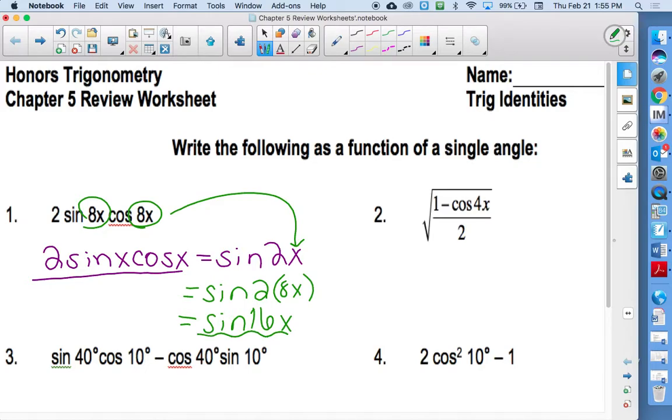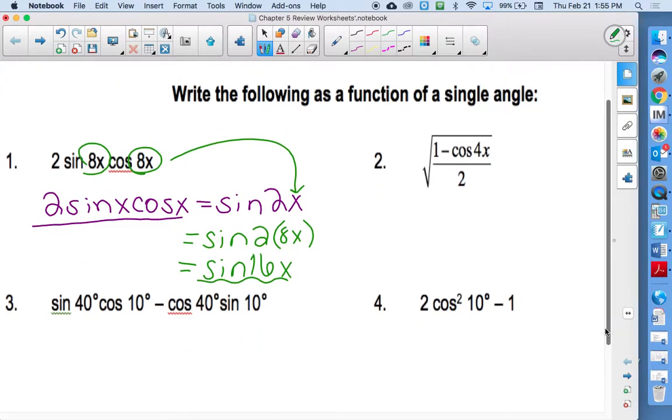So decide which formula it looks like, and then once you choose that formula, you take whatever angle you're given and plug it in. If you look at the one next to it, number 2, we have the square root of 1 minus cosine of 4x divided by 2. Which one does this look like? Look at the formulas. Eris?